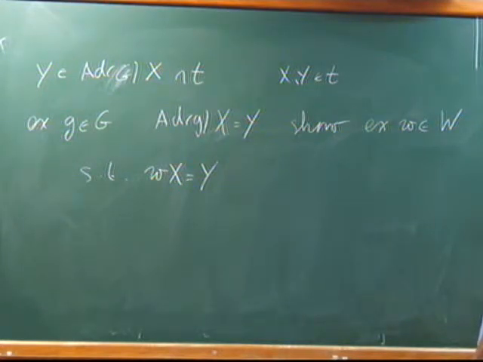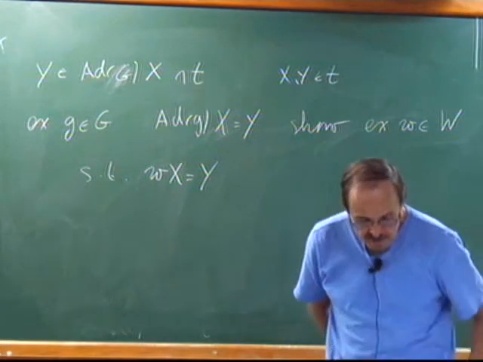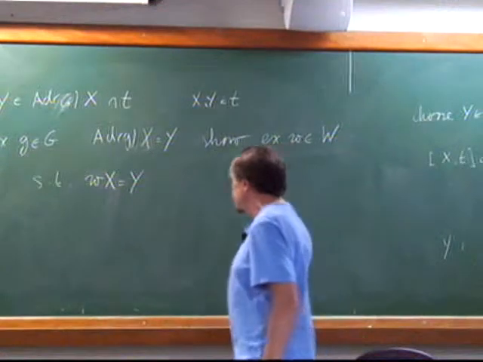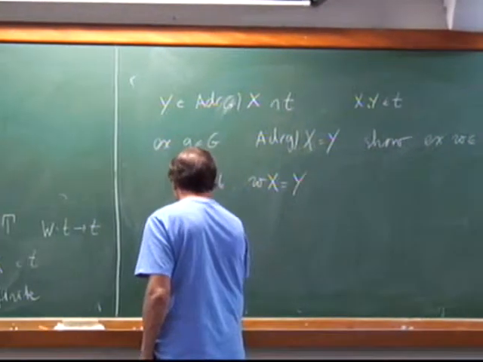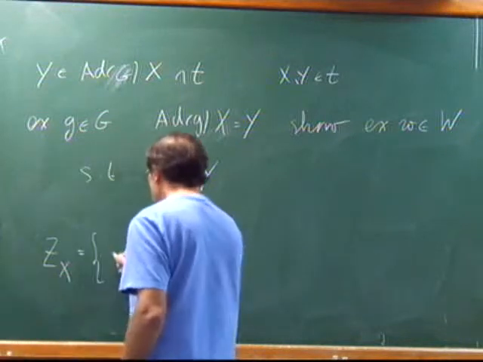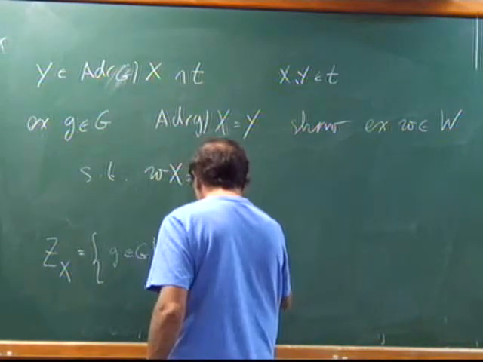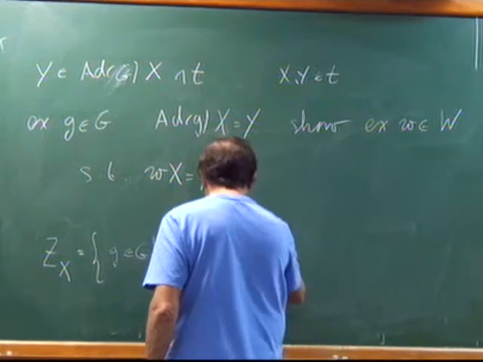And that's a little tricky. Let me just look how it starts. Yes, you look at the centralizer of x. So what does that mean? It means all elements g in G such that Ad(g) of x is equal to x.